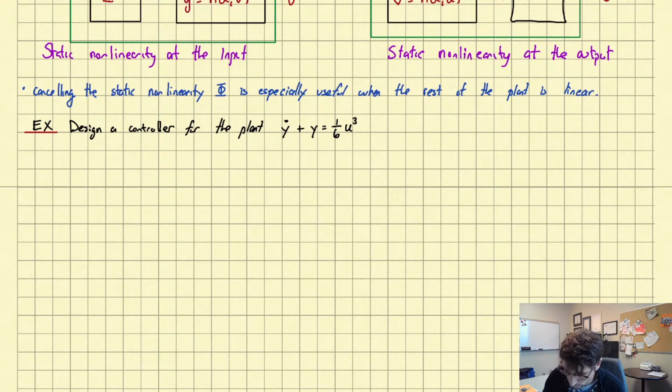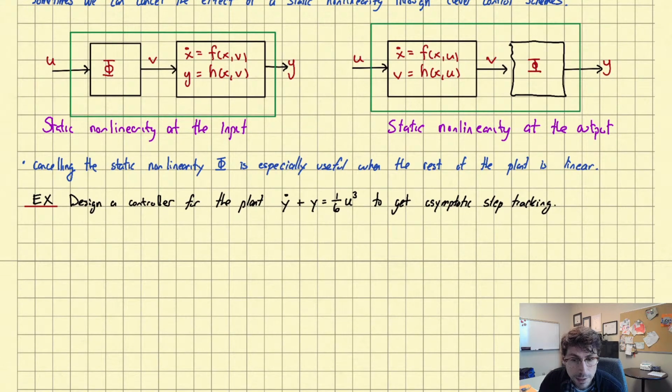So we want to design a controller for the plant to get step tracking. Okay, so let's take this plant and draw the block diagram for it as we did above. Let's draw it as a dynamical part with a static nonlinearity, either at the input or at the output. In this case, it's at the input, right? You see this nonlinearity showing up in the U term.